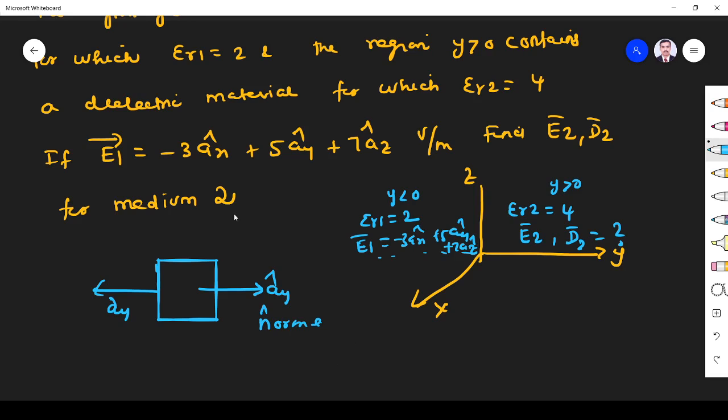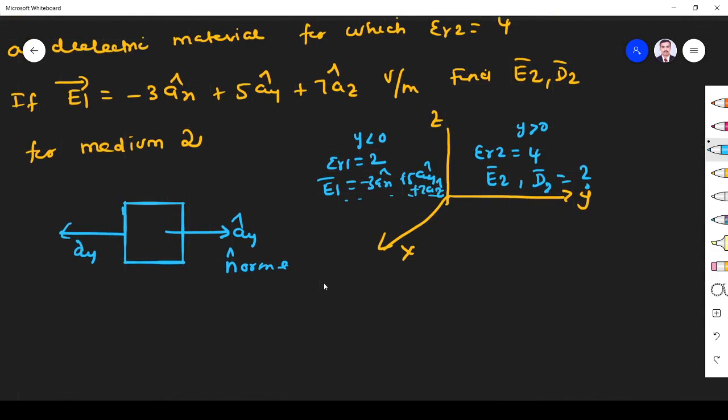So what is the normal component of E1? The normal component of E1, En1, is in the y direction, so 5ay volt per meter. It varies along y, greater than 0 or less than 0, so the surface should be the XZ plane.